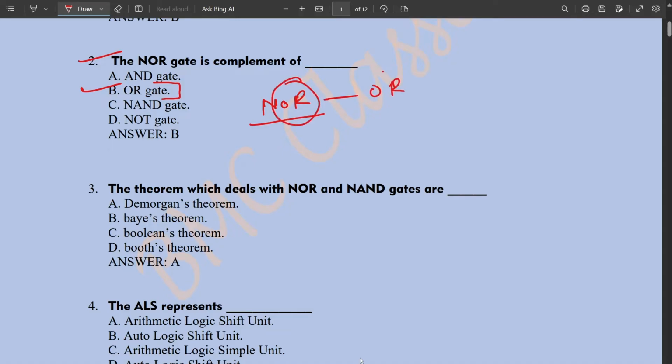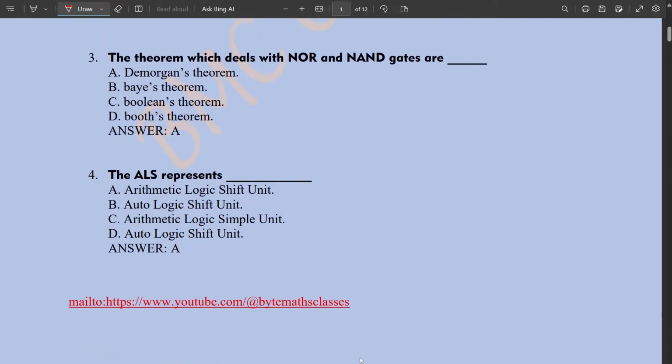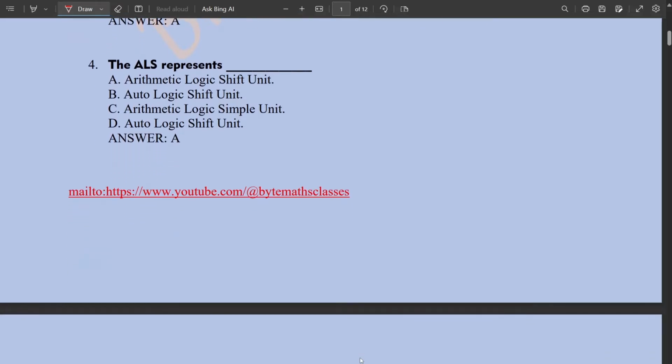Next, the theorem which deals with NOR and NAND gates is De Morgan's theorem. Option A is correct. Next, ALS represents what?